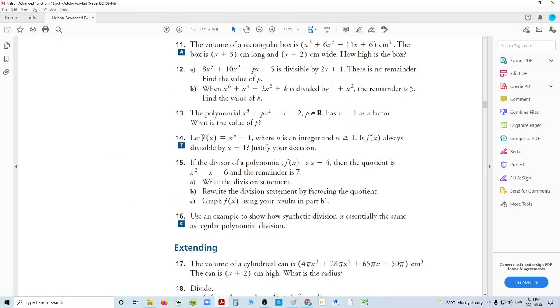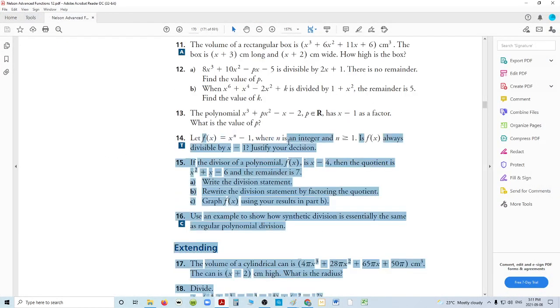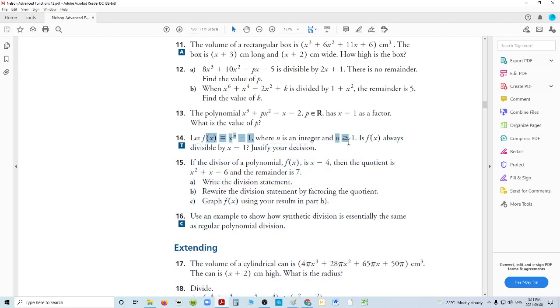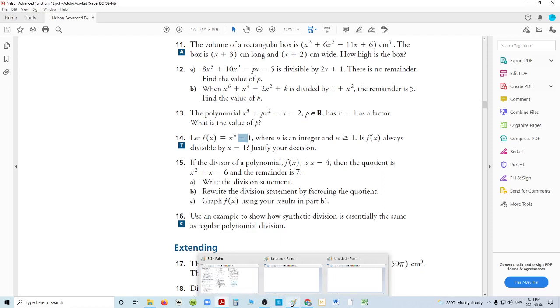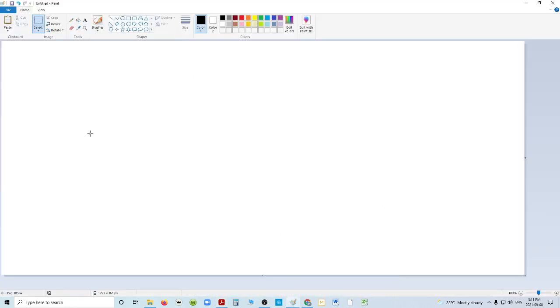All right, 14. Let f of x, where n is an integer bigger or equal to 1. Is f of x always divisible by x minus 1? Yeah, it is. This comes from your knowledge of difference of cubes and Pascal's triangle. Okay.